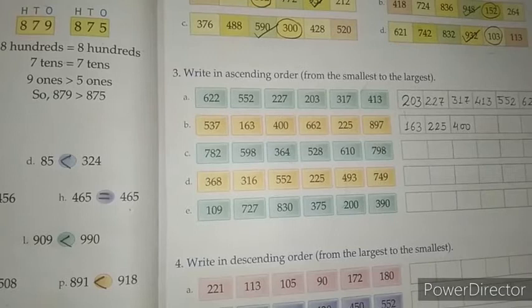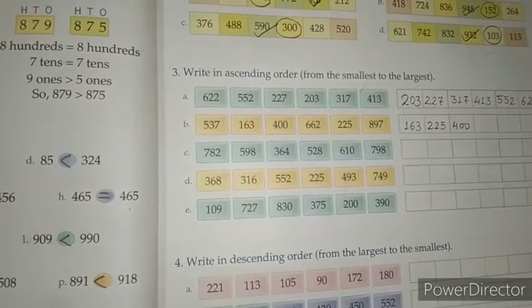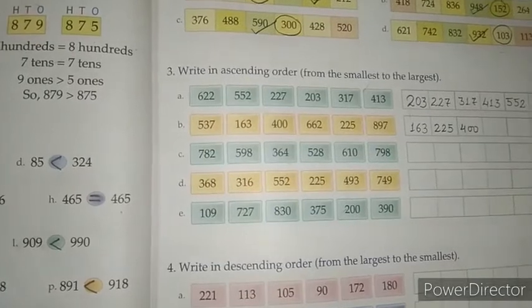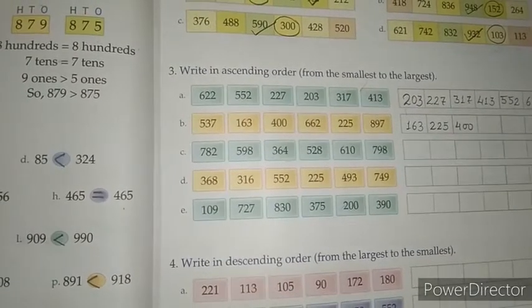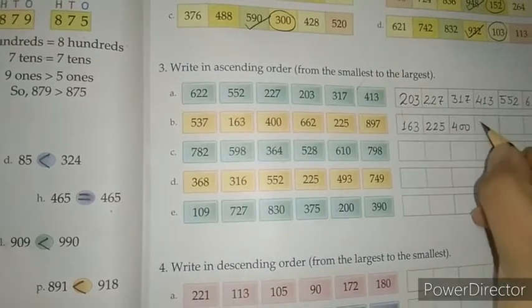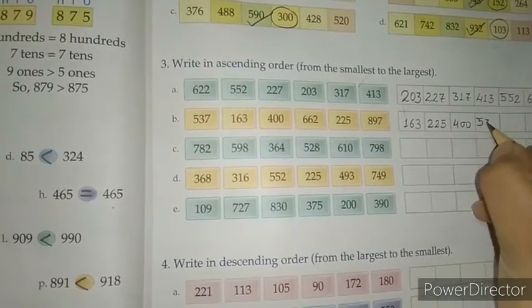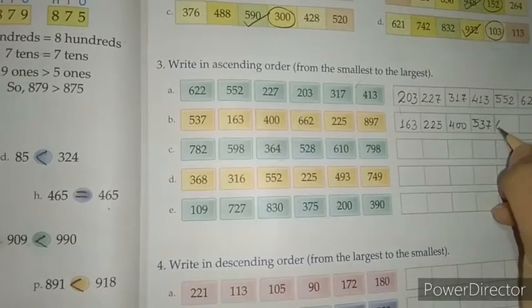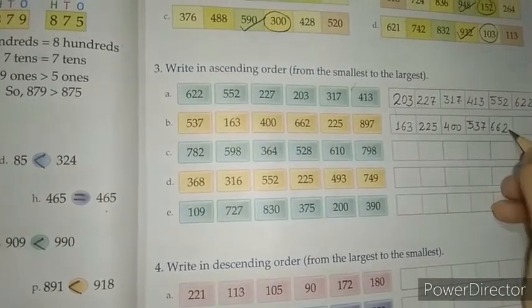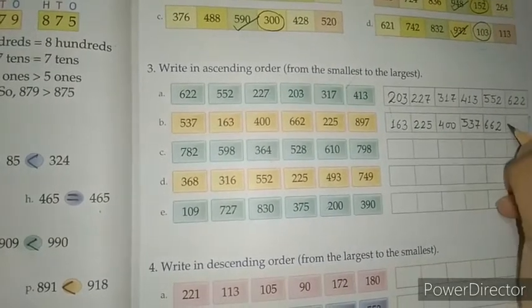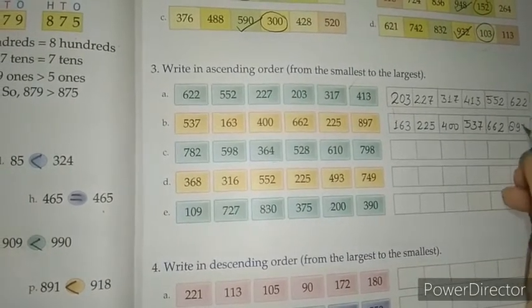After 400, which is the smallest and which is the largest number? 537. After 537, we will write here 662. And after 662, we will write here 897.